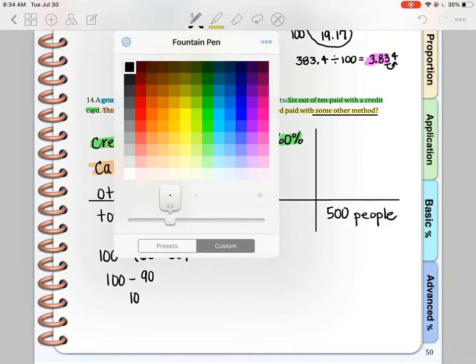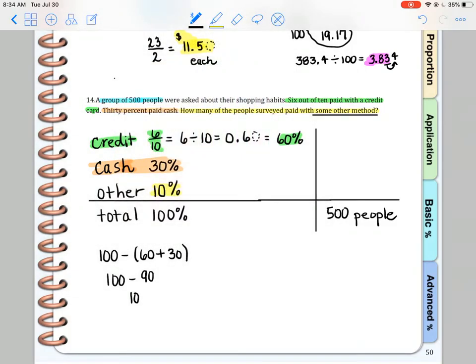So you have your proportion ready to go. You want the other people over total. So that's 10 over 100, 10%, and we're going to extrapolate to 500. So 10 times 500 is 5,000.